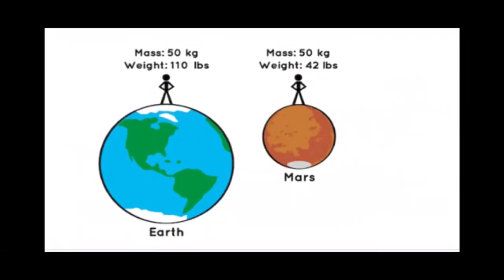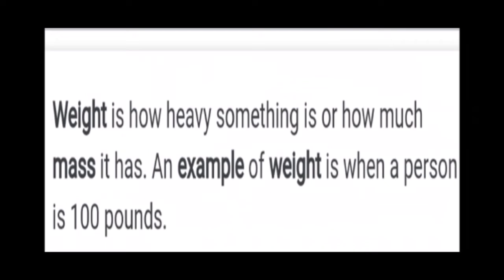Look at the picture. The mass is 50 kg. Mass on Mars is again the same, 50 kg only, but the weight differs. So this is the difference between mass and weight. Weight is how heavy something is.